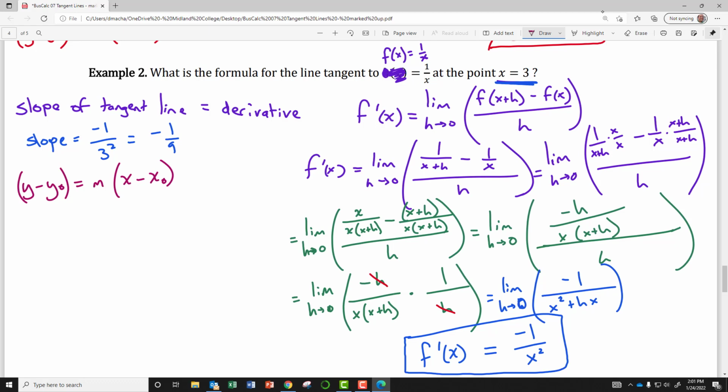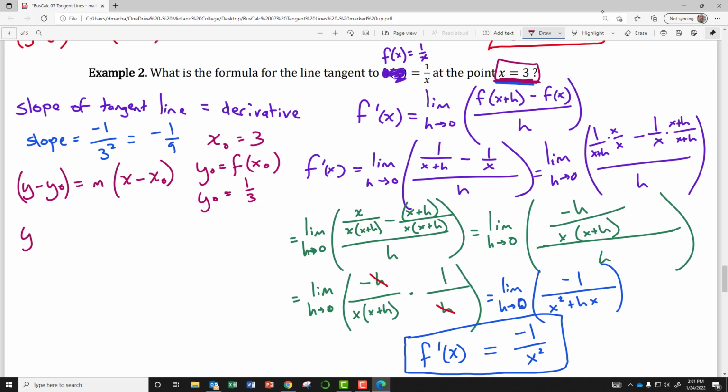Our initial value for x is 3. That's the point we want our tangent line to pass through. And remember that our y value associated here, I just have to use my f of x function, right? So remembering that the f function is just the reciprocal, that will be 1 over 3.